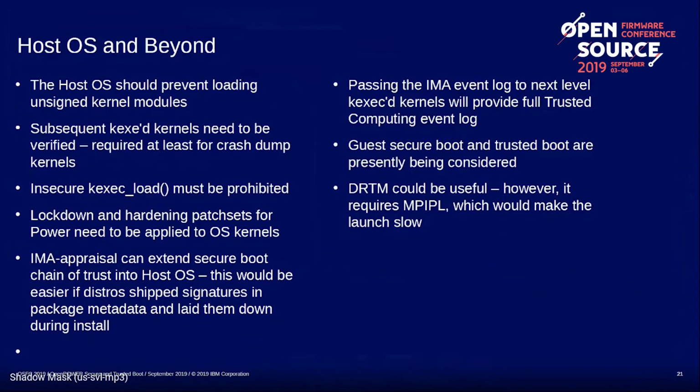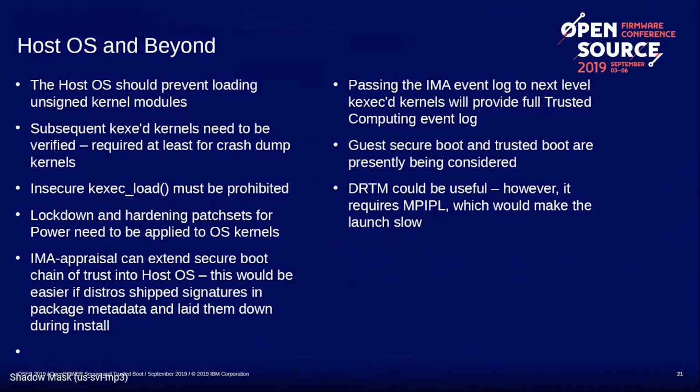So we're not done. The chains of trust, the secure boot chain of trust and the trusted boot chain of trust need to go on up into the operating system.